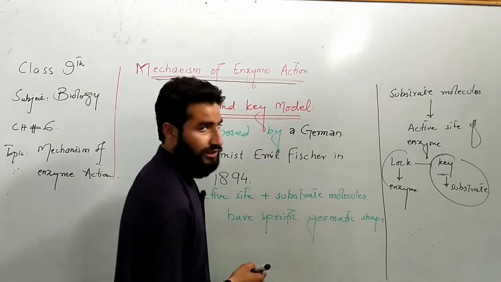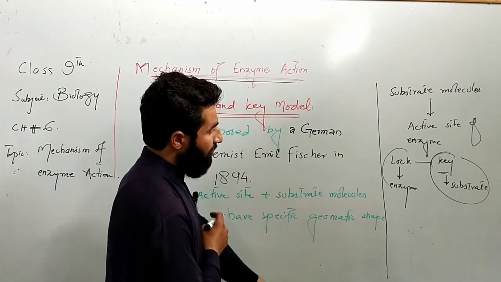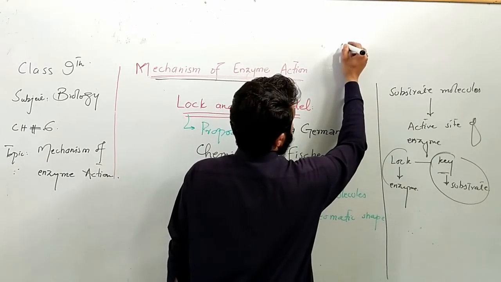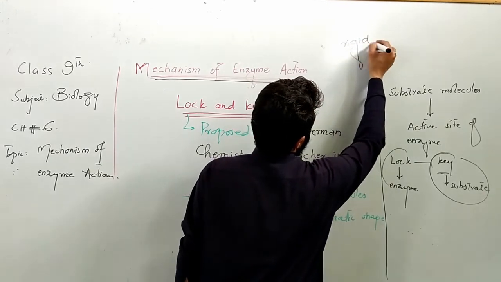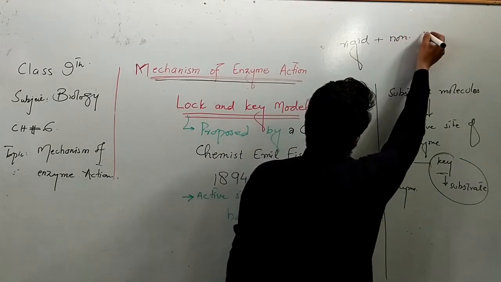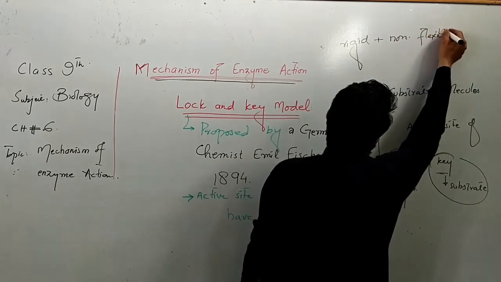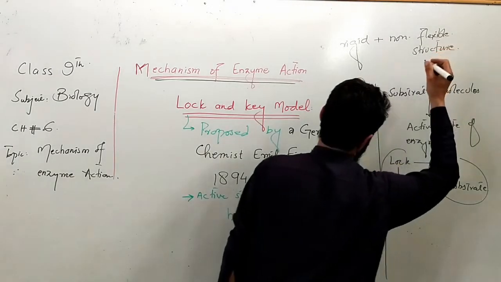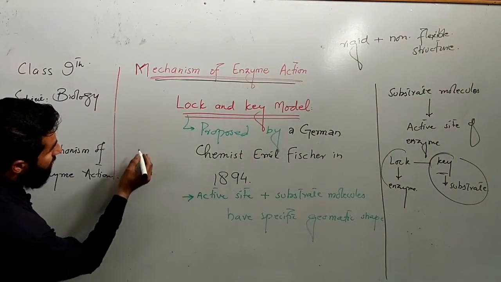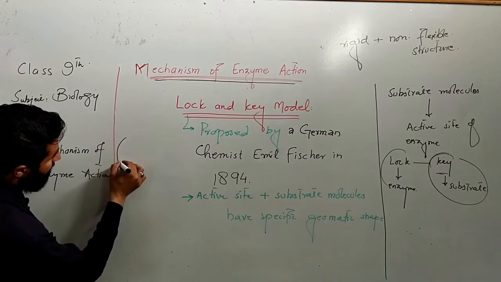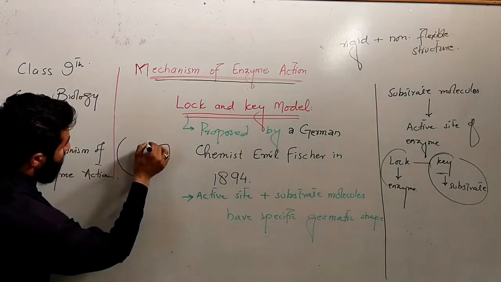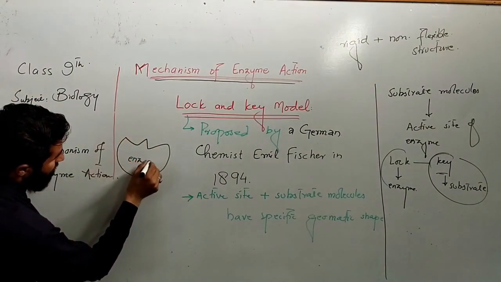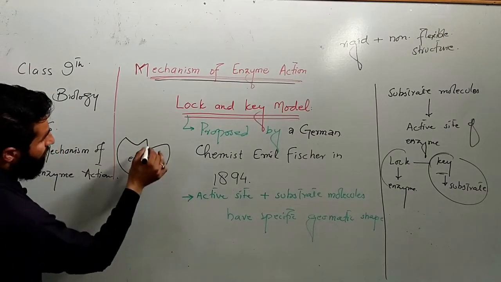According to this model, the active site of the enzyme is a rigid and non-flexible structure. Coming to the diagram, for example, this is the enzyme molecule, and this one is the active site.